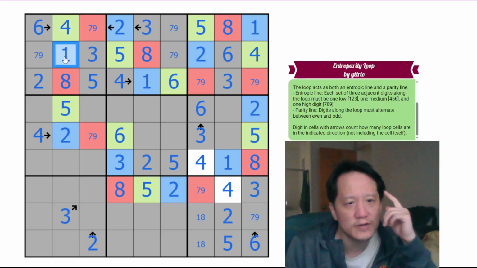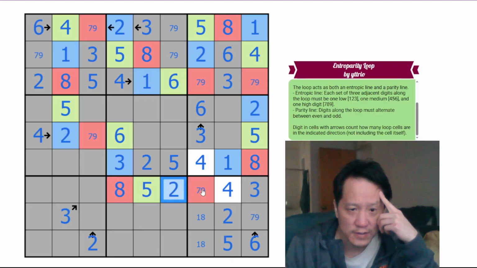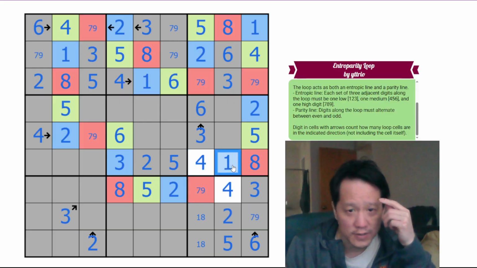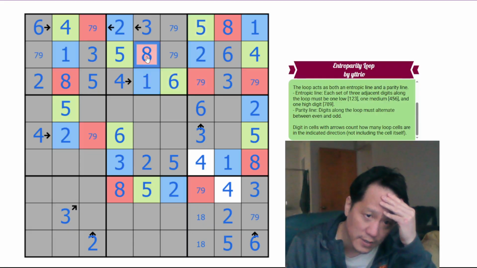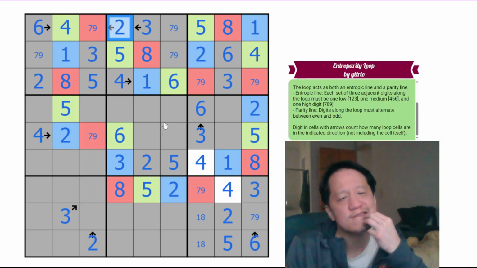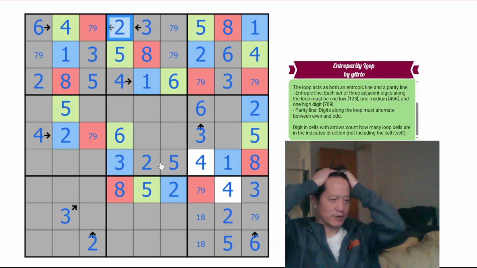Even, odd, even, odd, alternating along the line. That's satisfied there. Okay, where did I mess up?